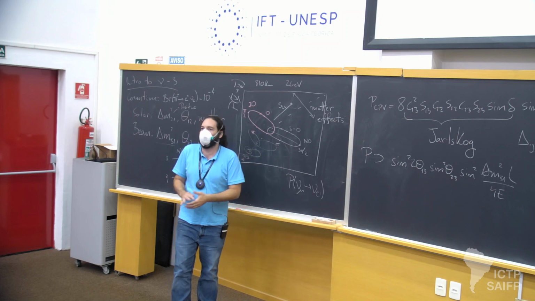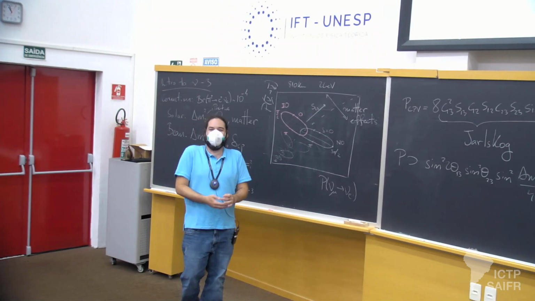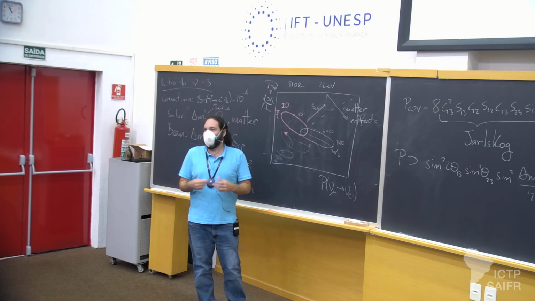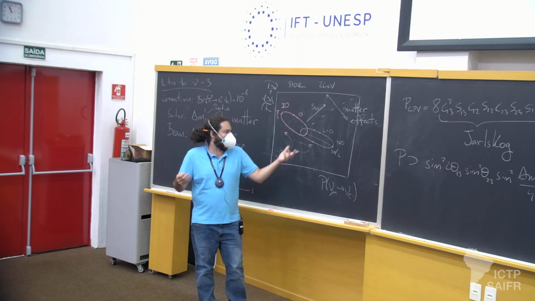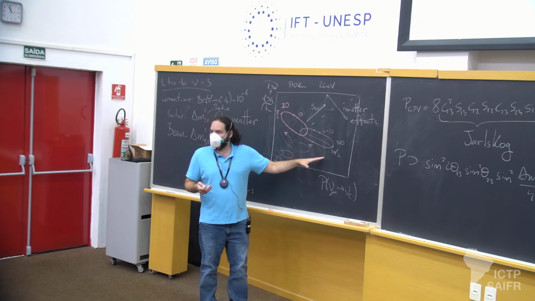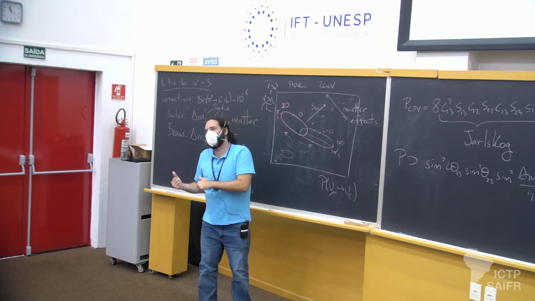If I tell you here is $1 billion, design me a neutrino oscillation experiment to measure something like delta CP, what do you do? Do you make larger matter effects, longer baseline, lower energy, higher energy?